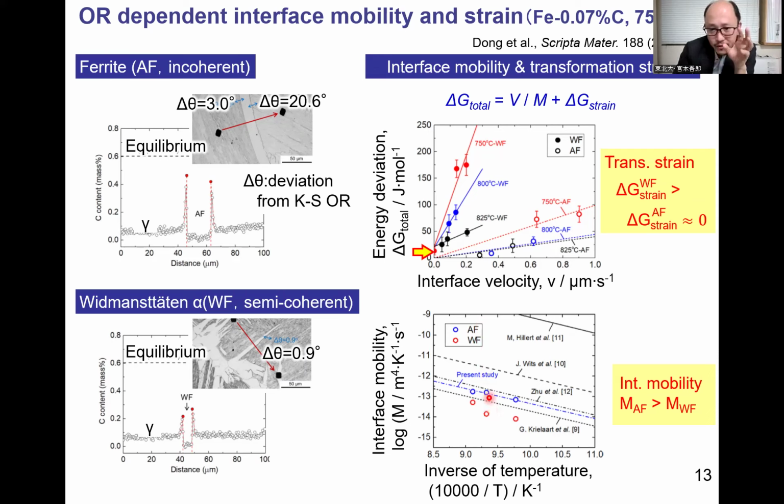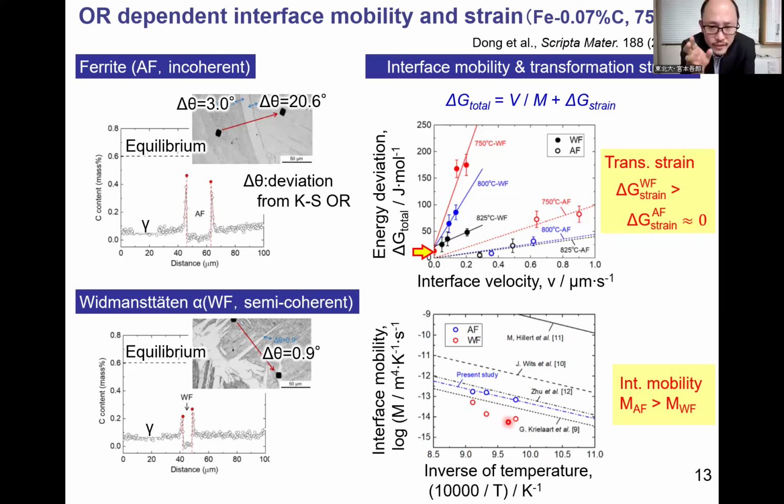The measured interface mobility is much smaller than the value reported by Professor Hillert, and somehow close to the report by Zhu and Cler. And as we expected, the interface mobility of grain boundary ferrite is much larger than the Widmanstätten ferrite.